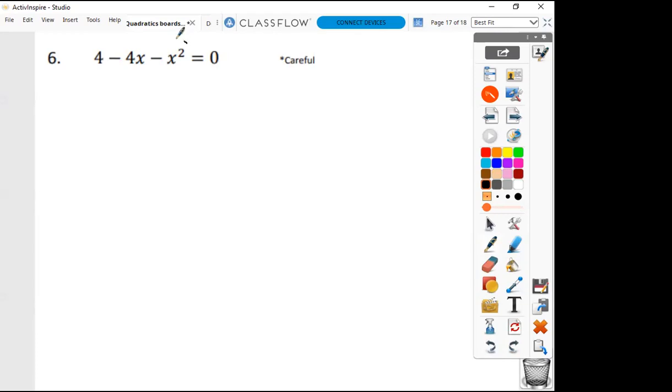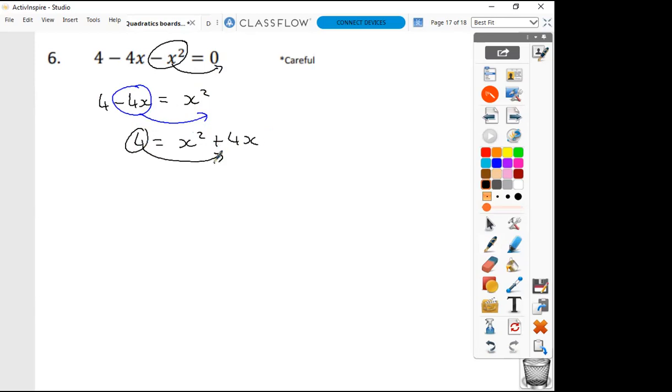Okay, so I'm going to take this whole x squared term and move it over. So it'll be 4 minus 4x equals positive x squared. Likewise, I take this term, move it across. Positive 4x, and then we'll just move our last term across to give us a 0 on the left hand side.